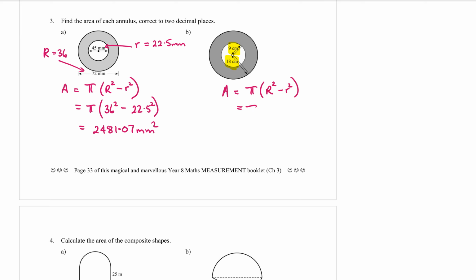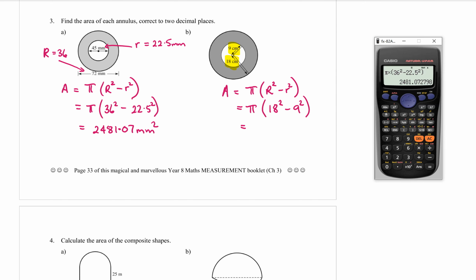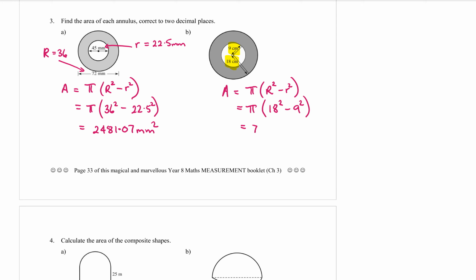So pi bracket capital R is 18 squared minus little r, which is 9 squared. And type it in. 18 squared minus 9 squared. So 763.41. And that is centimeters squared.